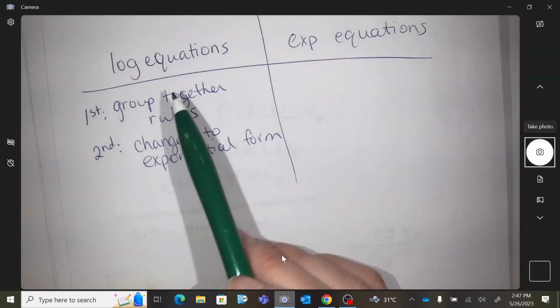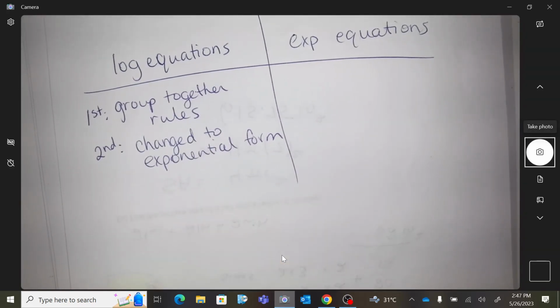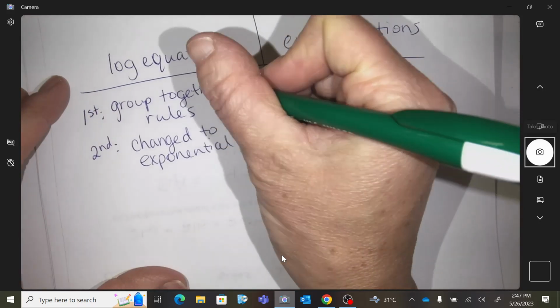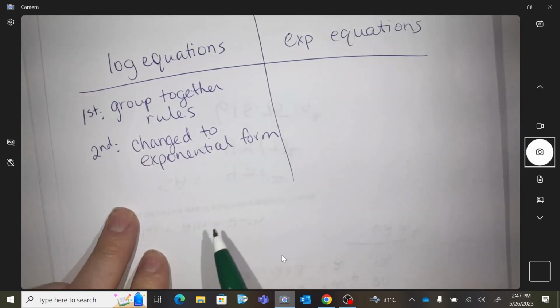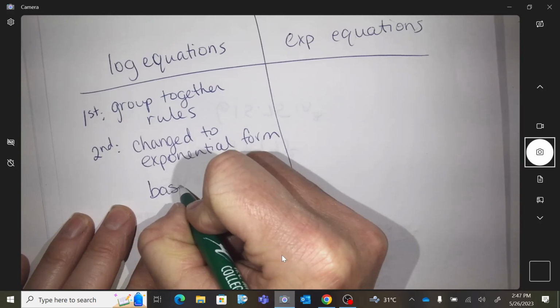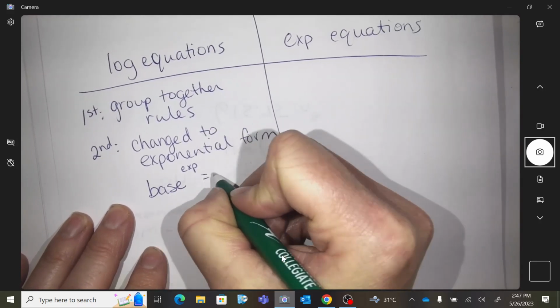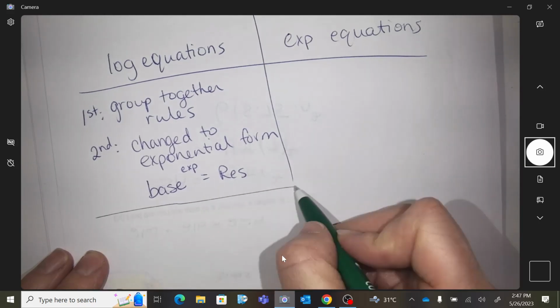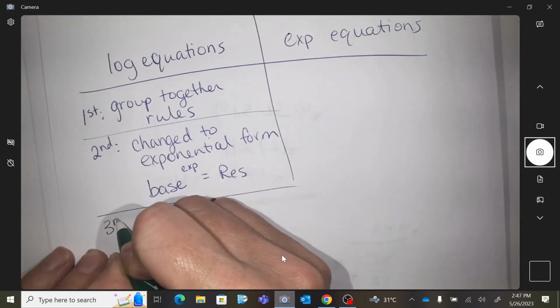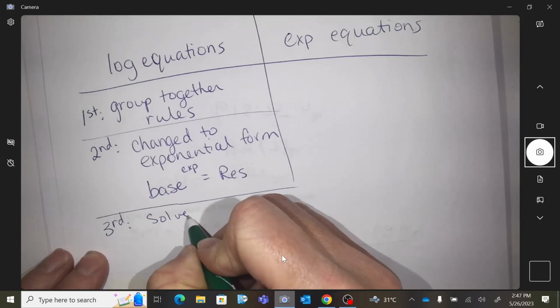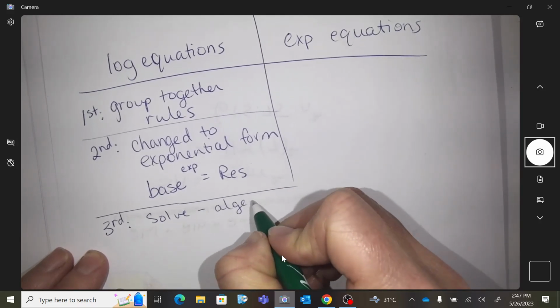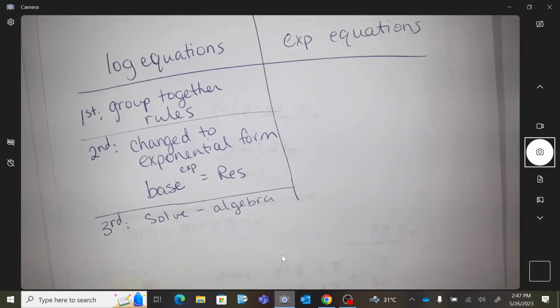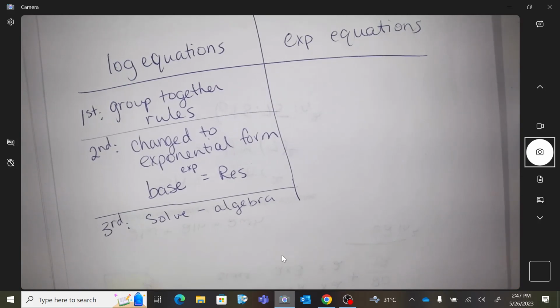So log equations, we first grouped together with the rules, right? And then we changed it to exponential form. So now we're like this: base, exponent equals result. And then we just figured out how to do our algebra after that.